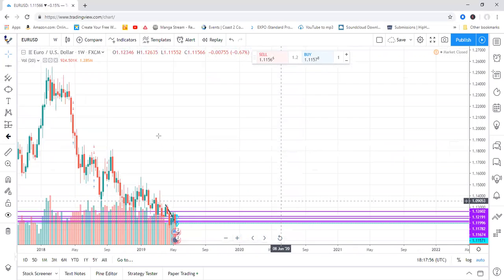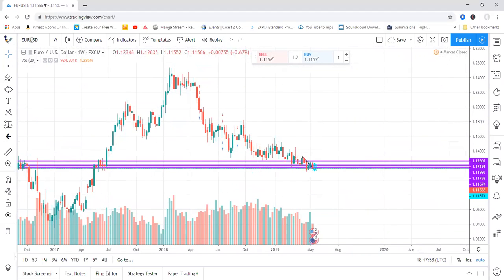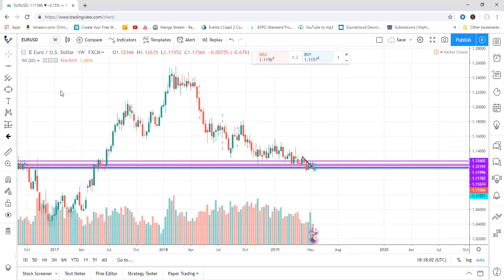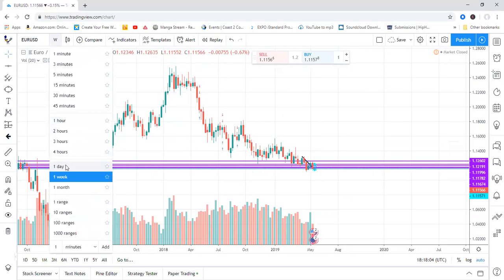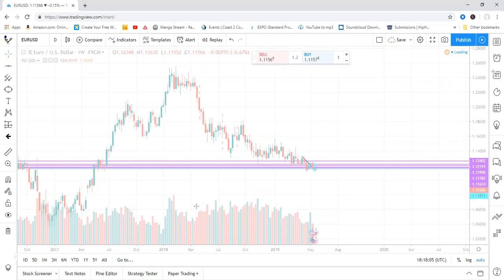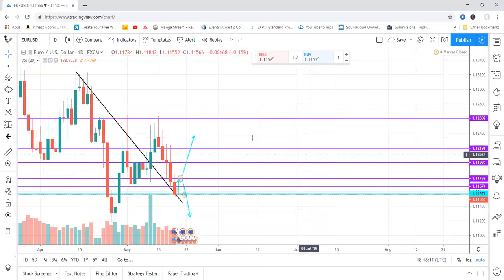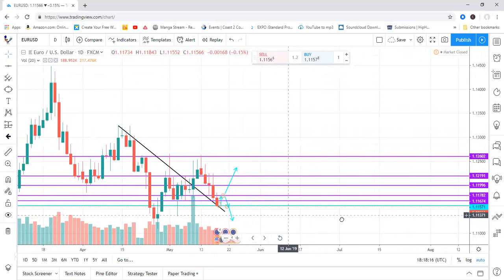So now I'm going to go to the daily chart and just try to take a look at what this price has been doing for the past couple of days.